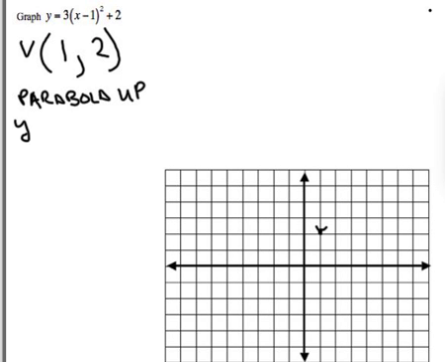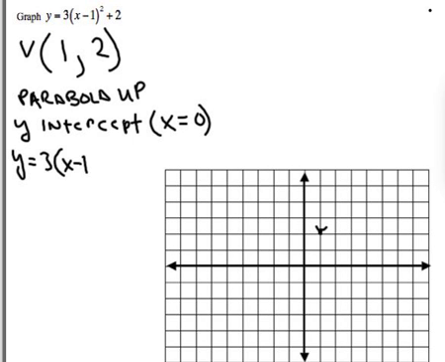Okay, the y-intercept is found by setting x equal to 0. Remember, it's the opposite. So to find the y-intercept, you set x equal to 0. To find the x-intercept, you set y equal to 0. So I go back to my original equation, which is y equals 3 quantity x minus 1 squared plus 2, and I set x equal to 0.